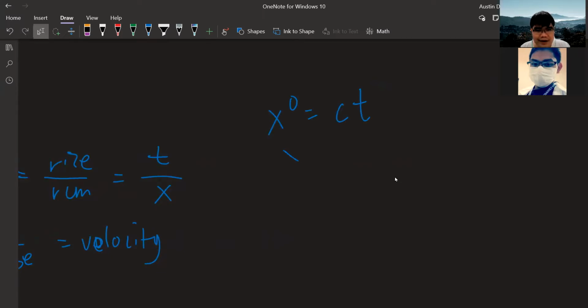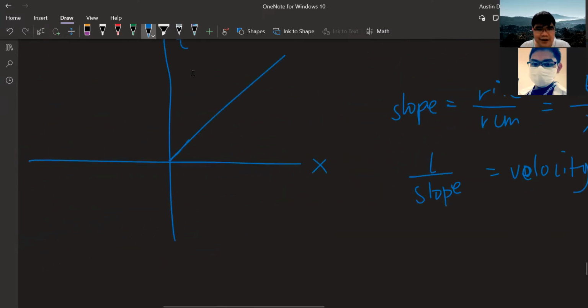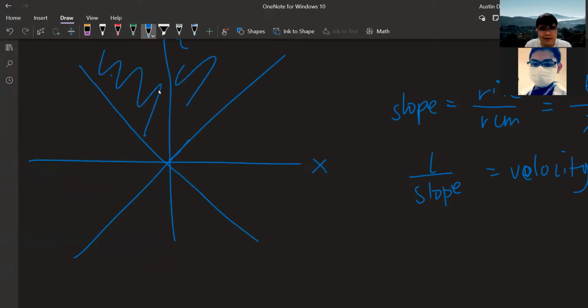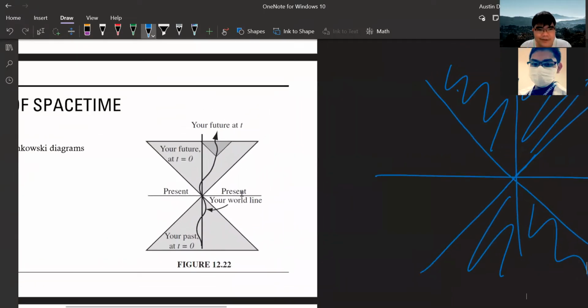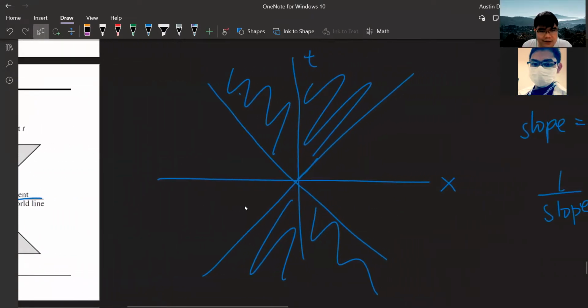Therefore, yung x over t, c, kung gagawin mong 1 to, dapat nandito lahat ng drawing mo. So, within your 45-degree angles, yes, 45-degree angles, within that, dito ka lang makakagalaw. Okay? So ito yon, ito yung mas magandang drawing. Okay, so itong linyang to would be your present. Kasi, di ba, this is your t is equal to 0 line. Which makes sense, di ba? Kasi present nga siya.